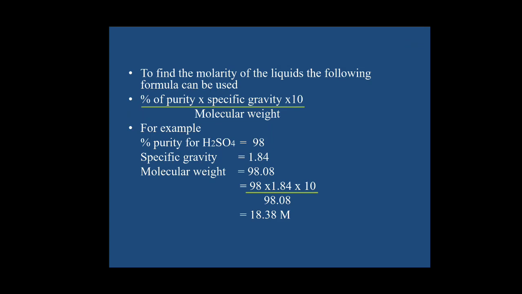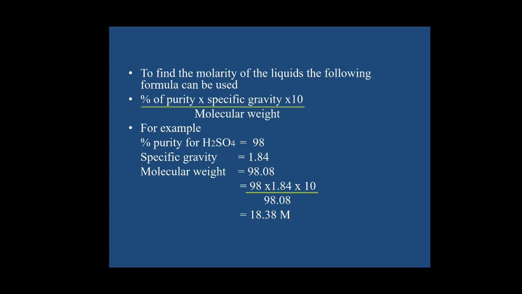If we are using solids, we have to use M into S into V by 1000. For liquids, percentage purity into specific gravity into 10 divided by molecular weight. All these details like percentage of purity, specific gravity, will be mentioned on the chemical bottle that you have to take.